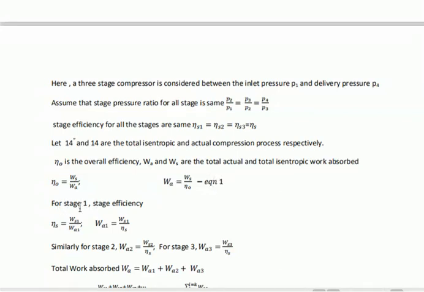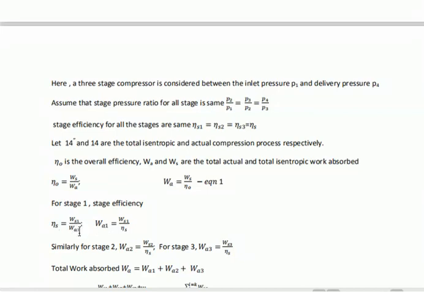For stage 1, the stage efficiency becomes eta S equal to WS1 divided by WA1. Here S1 indicates stage 1 and A1 indicates the actual work done at stage 1.